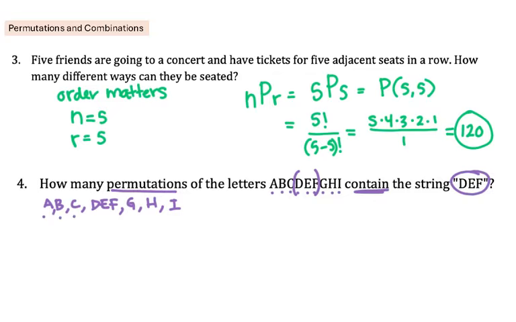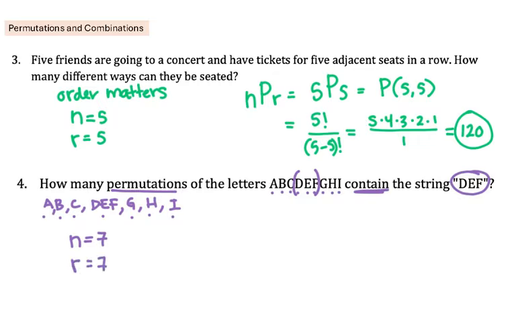So 1, 2, 3, 4, 5, 6, 7. So in fact, we're just choosing from 7 different choices of either the letter or the string of letters that we can rearrange, since DEF has to stay together. And we're putting them in 1, 2, 3, 4, 5, 6, 7 spaces.